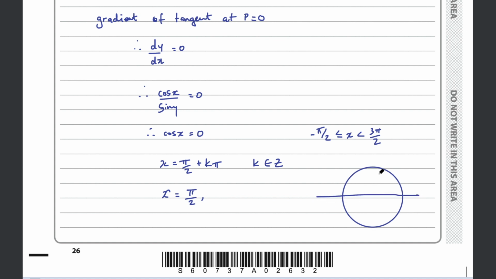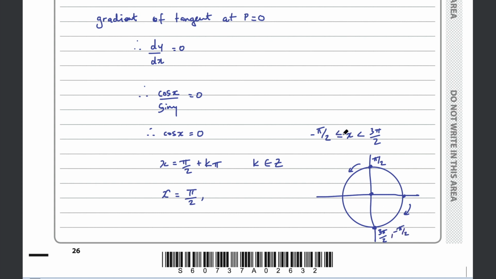So pi on 2 is up here, and if you think of the cosine as the x value, then this is where cosine of x equals 0, pi on 2. It also equals 0 down here, and this is 3 pi on 2 if I go around this way. But if I start here and go around this way, it's also negative pi on 2.